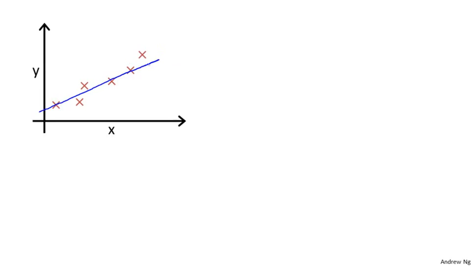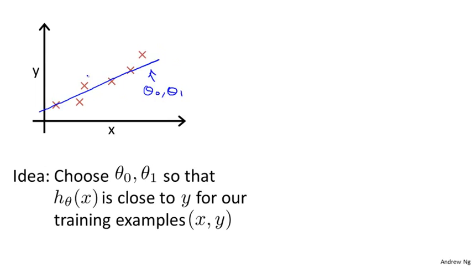So how do we come up with values theta 0, theta 1 that correspond to a good fit to the data? The idea is we're going to choose our parameters theta 0, theta 1 so that h of x, meaning the value we predict on inputs x, is at least close to the values y for the examples in our training set.